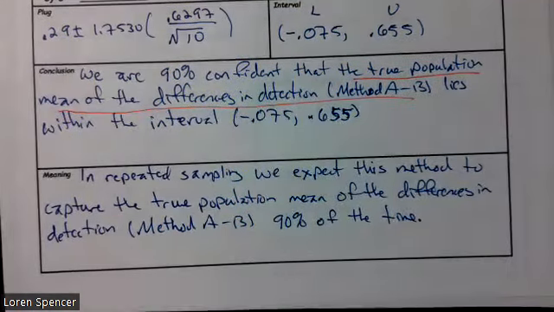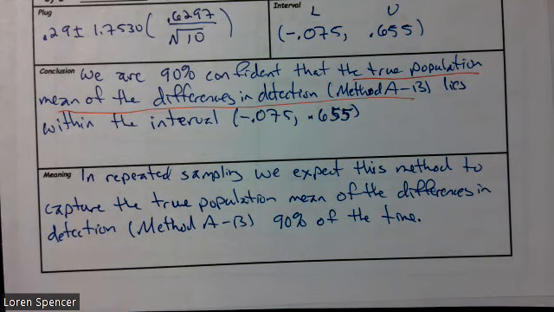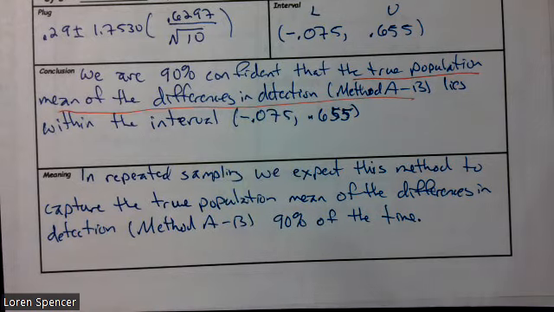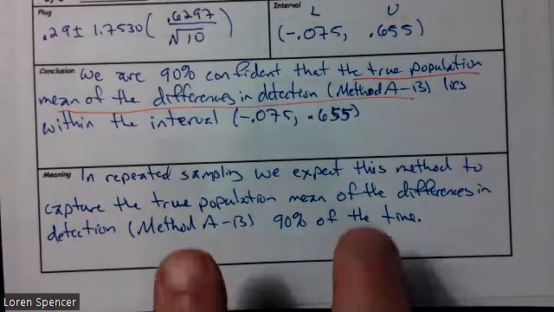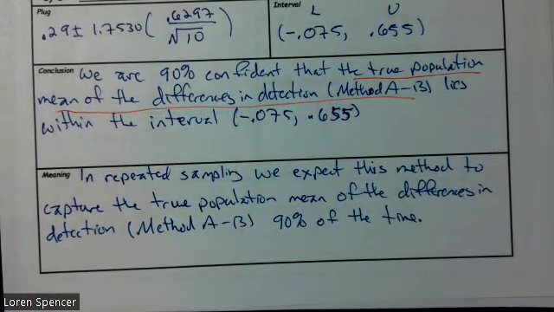It would be outside of that interval. Could have been higher, could have been lower, but we would not have captured it 10% of the time. Doesn't mean that I'm 90% sure this interval is correct. It just means that if I did it over and over again, 90% of the time, we would capture it. And I'm 90% confident that within that interval is the true population mean.